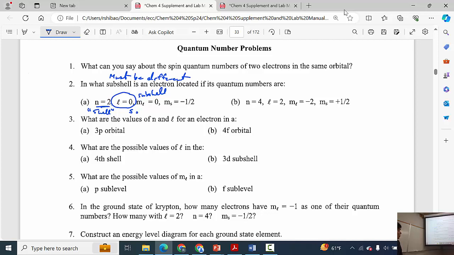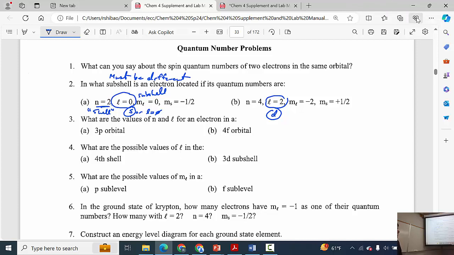Okay, this is going to be the S or L equals 0 subshell. Okay, over here we're in the L equals 2. The L equals 2 subshell is also called the, is that the S, the P, the D, the F? This is the D subshell. And so here we're in the S subshell and the D subshell here.